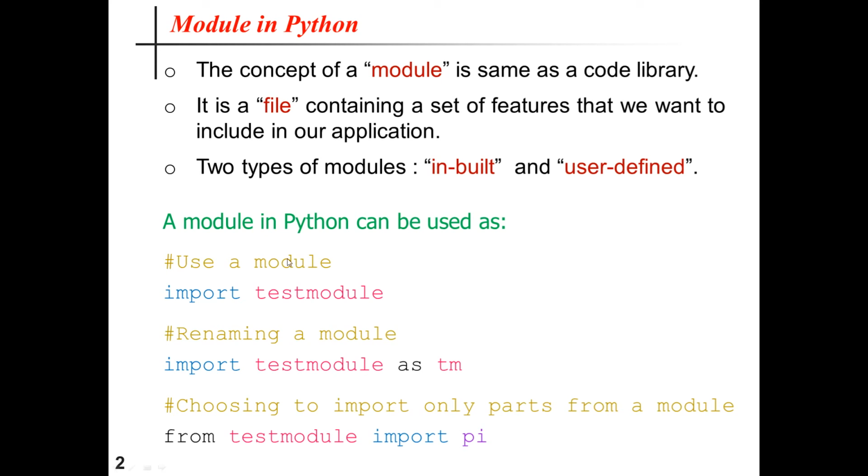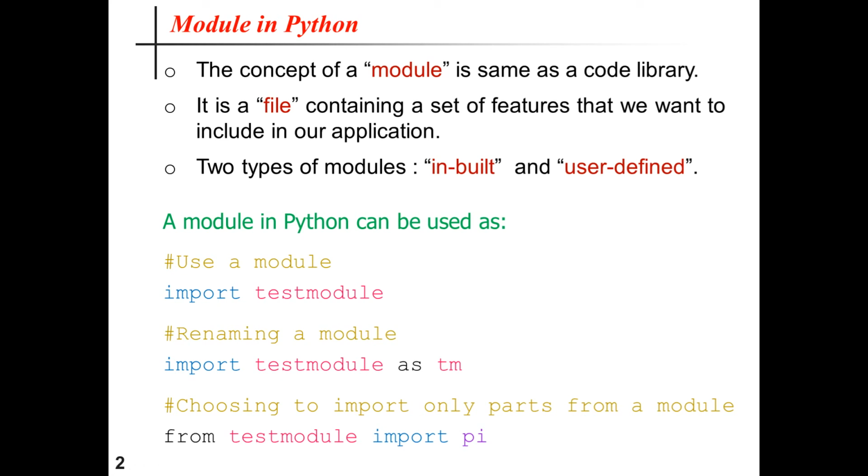So by using these three techniques, we can import a module, we can rename it, or we can import a part of the module in a Python program. But remember that the particular module should be created before, otherwise the concept will not work.